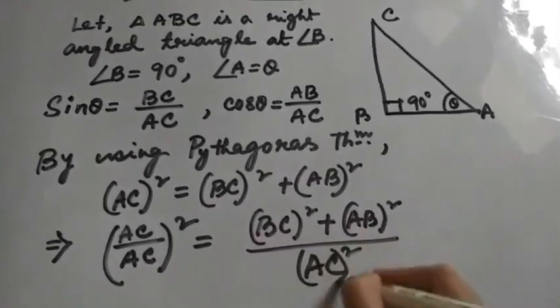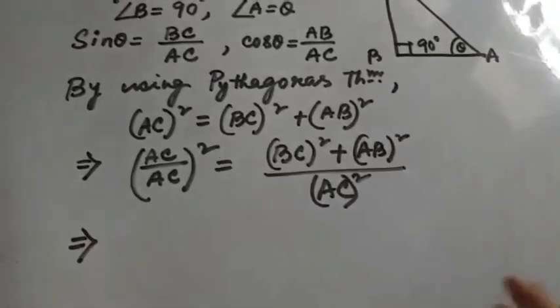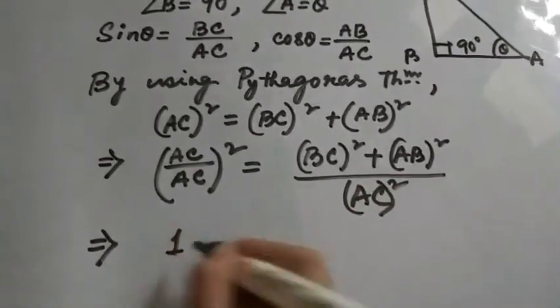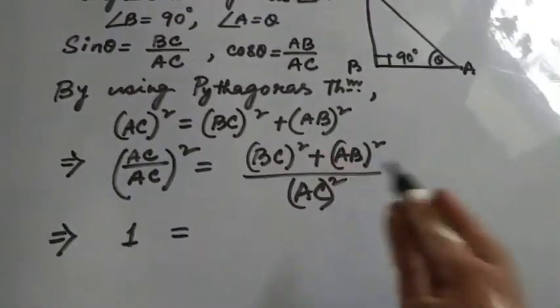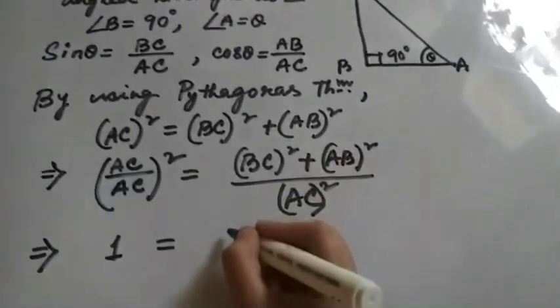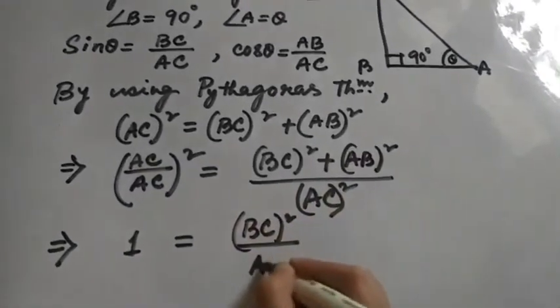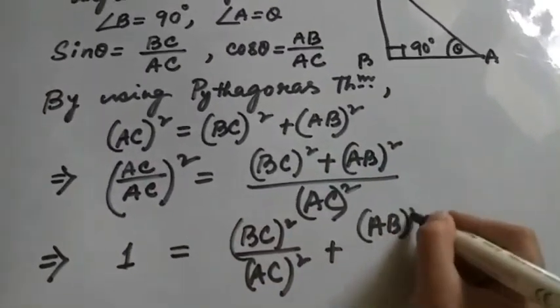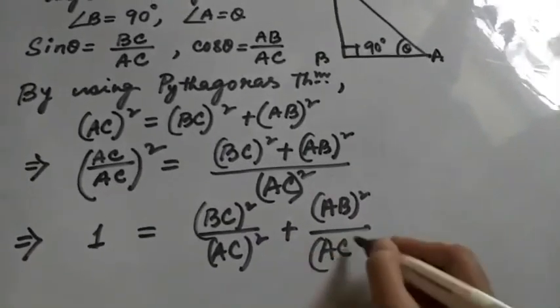Now AC by AC means 1 square, means 1. Now I am breaking this, so we can write it as BC square by AC square plus AB square by AC square. Correct?